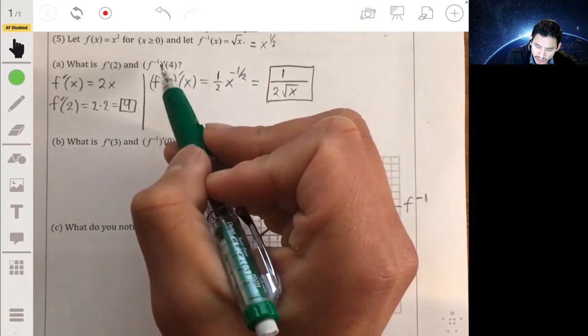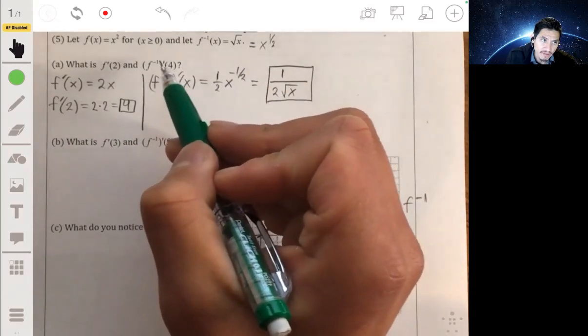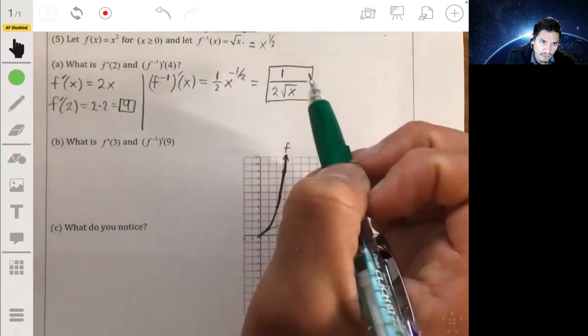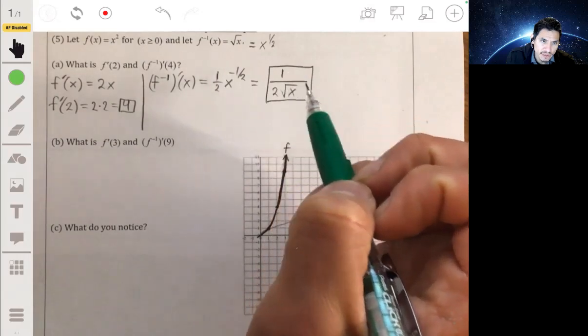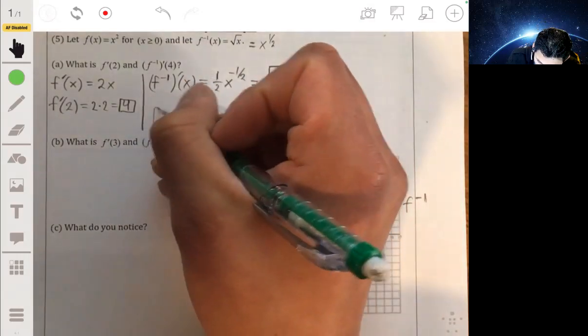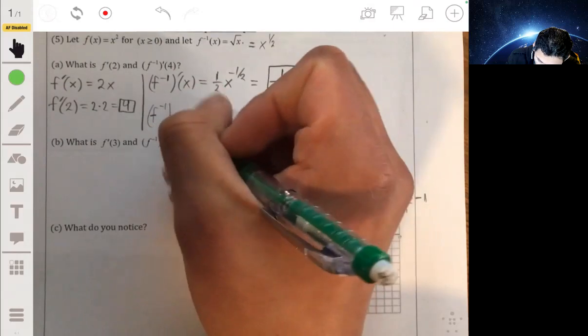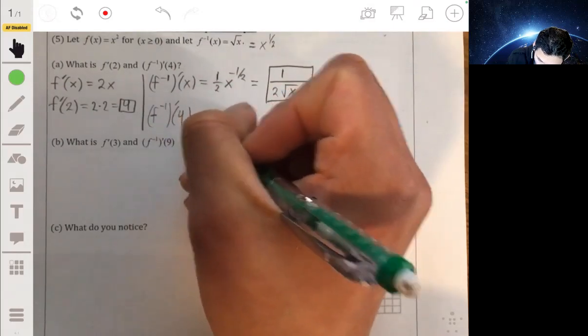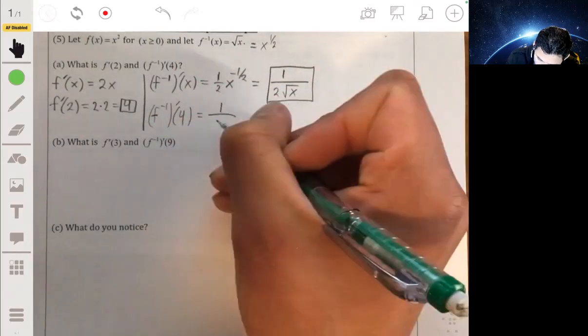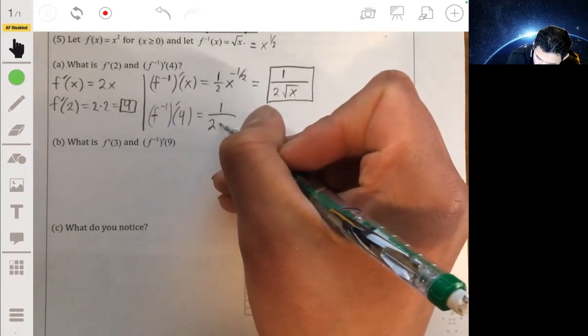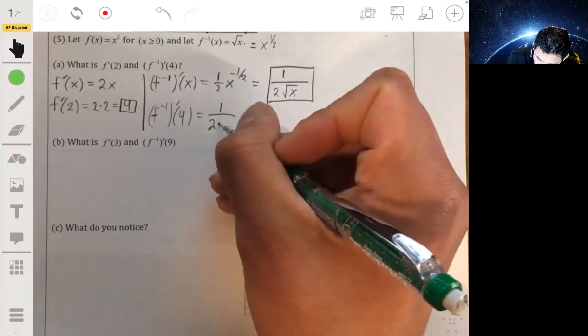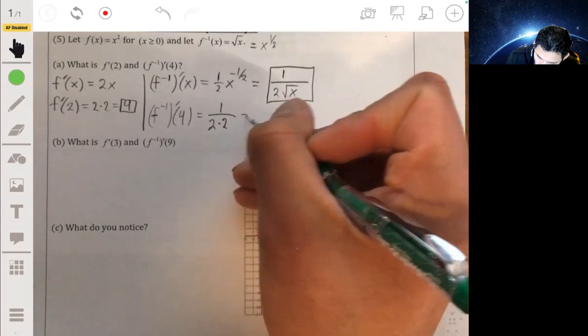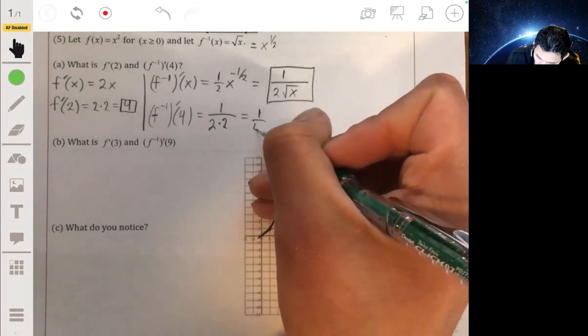So the derivative of f inverse at 4 will just be 1 over 2 times the square root of 4, which is 2. So 1 over 2 times 2, so 1/4.